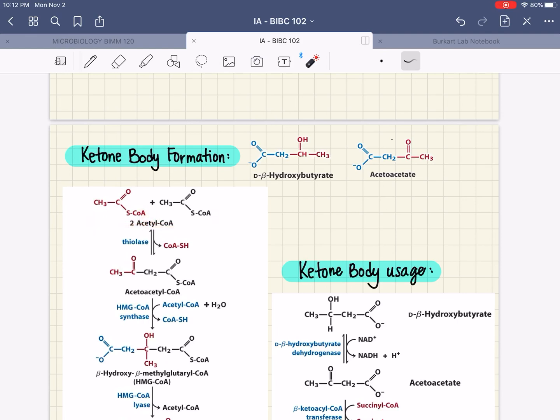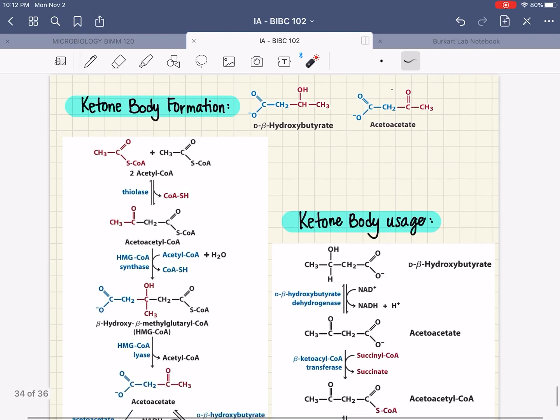And it does it by packaging the acetyl-CoA groups into these ketone bodies. And the 2 ketone bodies that we talked about are hydroxybutyrate, or beta-hydroxybutyrate, and acetoacetate. So let's look at how each of them are formed.